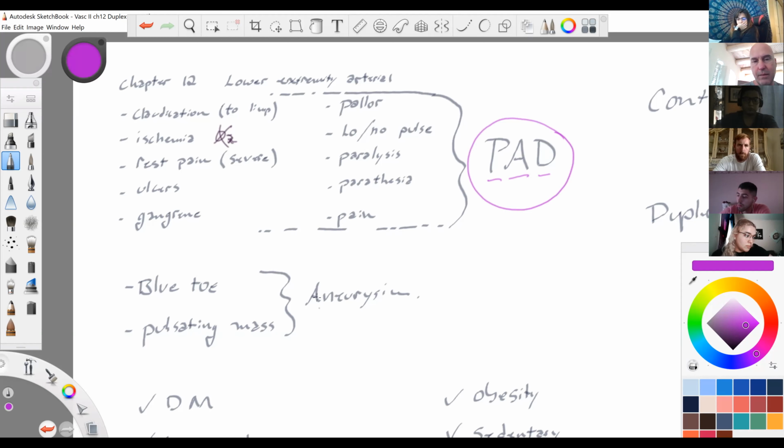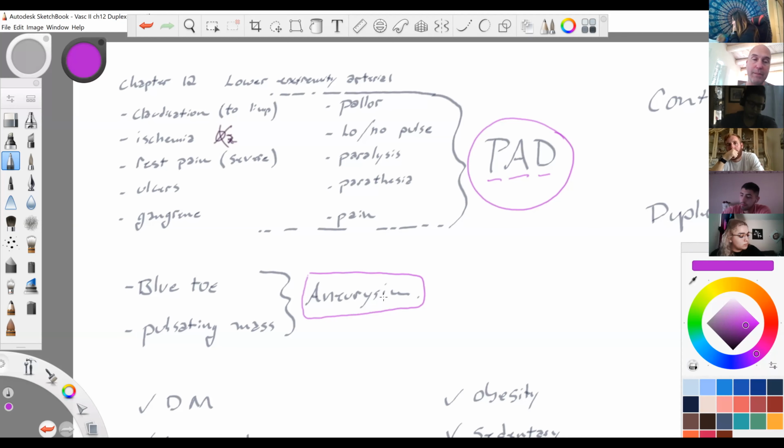And the other thing that we could be looking at is aneurysms, which is spelled wrong. That's all right. Blue toe: we've already mentioned, if you have a blue toe and it's overnight, really fast, like one day your toes, half your foot, your whole foot suddenly goes blue or black, you may have dropped an embolism.